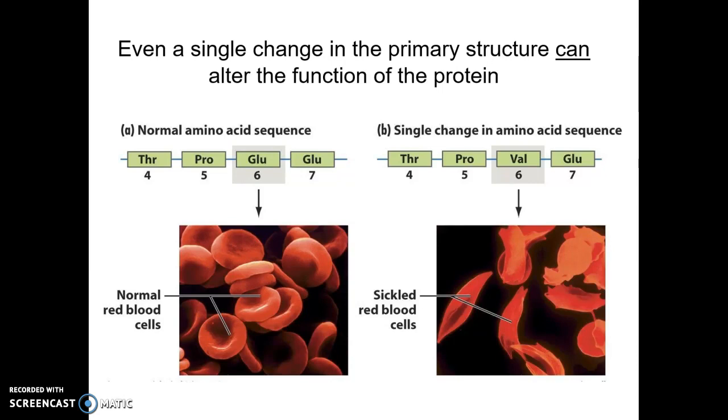I mentioned in the last video the single base pair change in the hemoglobin protein that causes the substitution of a glutamic acid, which is polar, for a valine, which is nonpolar.